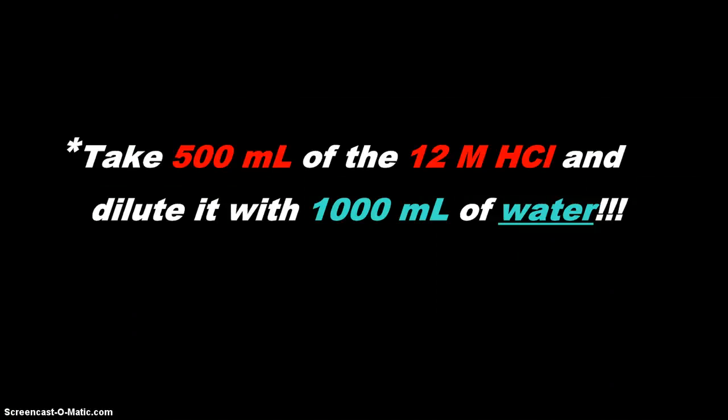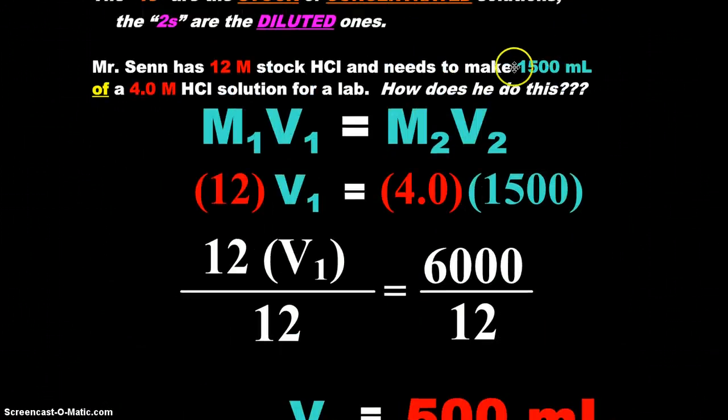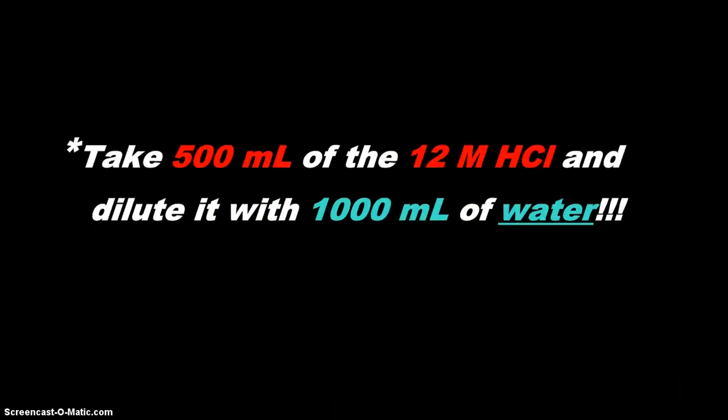Of course, I'm going to dilute it with water. How much? 1,000 milliliters. Where did that come from? Well, if you remember back in the problem, I needed 1,500 milliliters of the solution. So if 500 is the stock, the rest, the 1,000, is water.